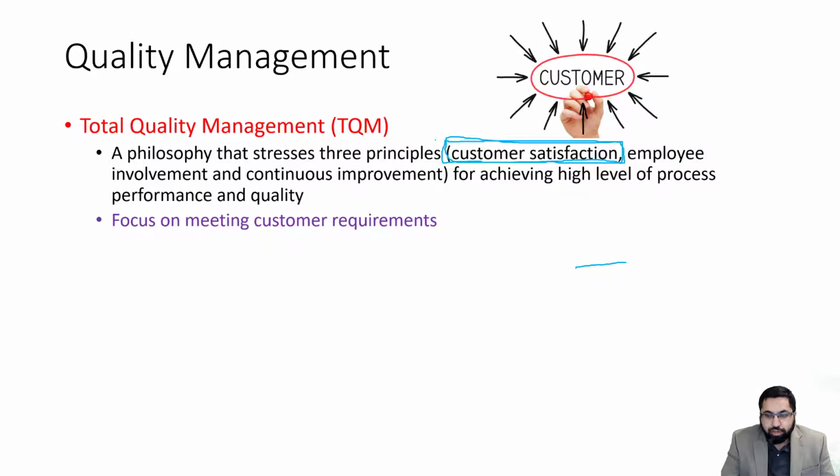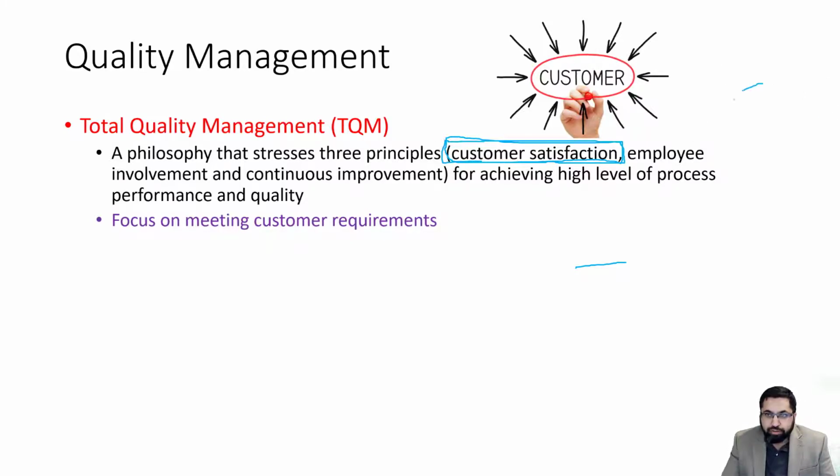Oftentimes, engineers are writing product specifications. They might think that something is very important for quality. However, customers may not care about that thing. So the first idea in TQM is don't waste efforts on things the customer doesn't care about. Focus on things the customer cares about. So be customer focused in your quality definition, in your product design.